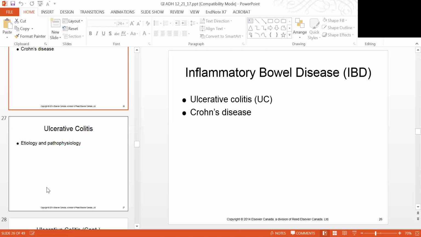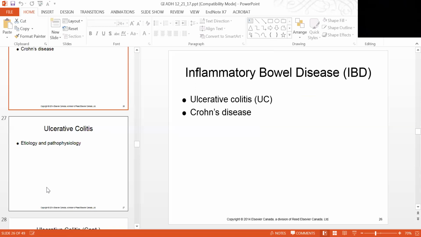It's quite upsetting for these young folks. Very unpredictable. I was quite surprised that in, I think it was 2014, there were 10,000 new cases of IBD diagnosed in Canada. Hard to believe that there were that many people diagnosed with IBD.